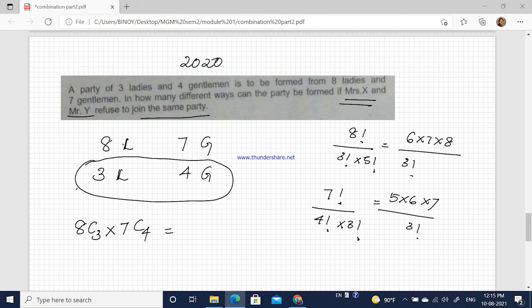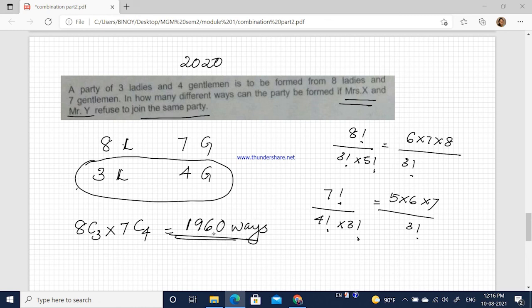Let's do it in the calculator. 8C3 is 56, and the other one, 7C4, is 35. So 56 times 35 is 1960 ways.